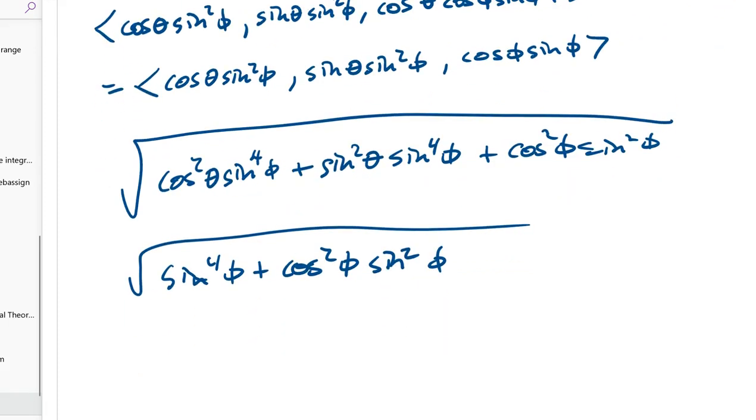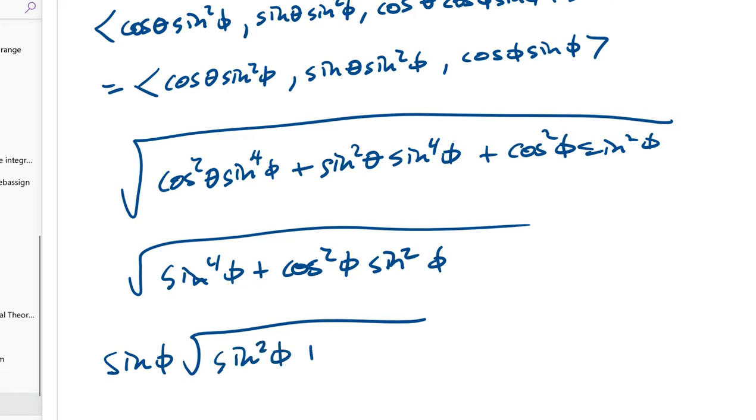Now I can pull out a sine squared phi, and when I pull it out, it comes out sine phi, and I get sine squared phi plus cosine squared phi, which is 1.